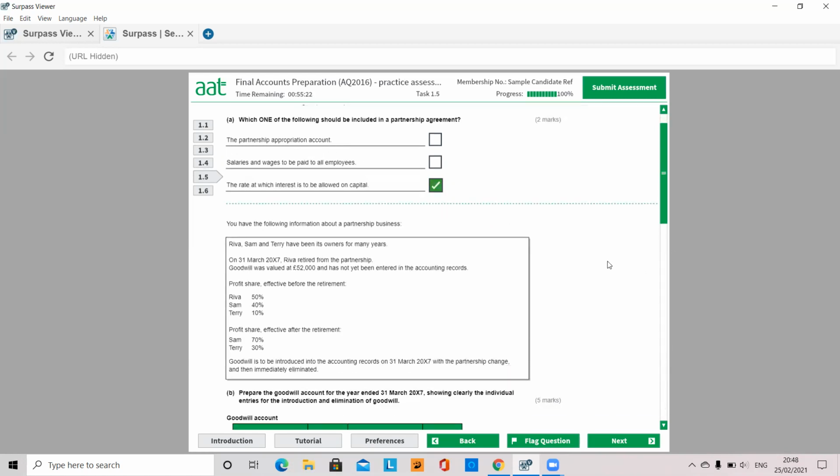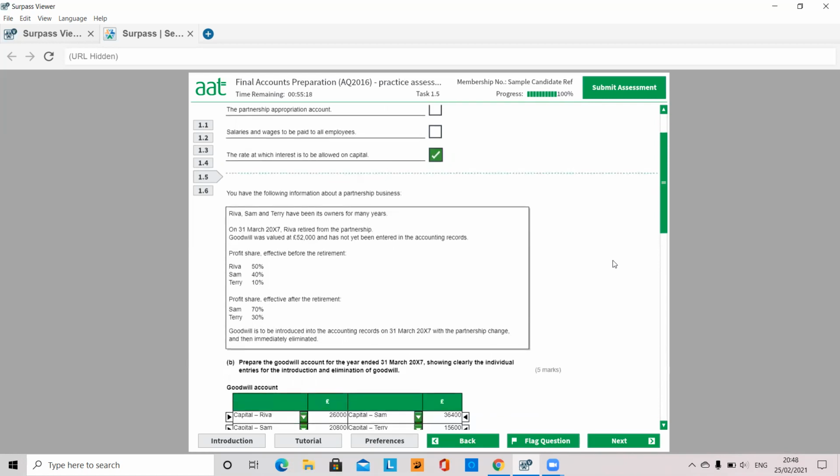It now says the following information about the partnership business. So Riva, Sam and Terry have been its owners for many years. And it said on the 31st of March, Riva retired from the partnership. Goodwill was valued at £52,000 and has not been entered in the accounting records. So goodwill is things like brand name or reputation, particularly partnerships, as you're aware.